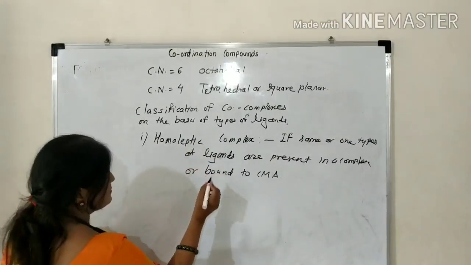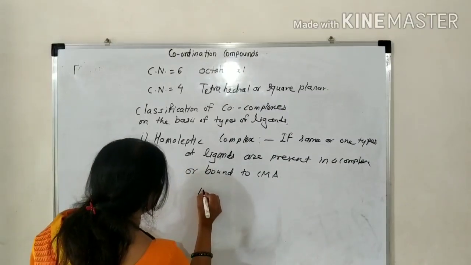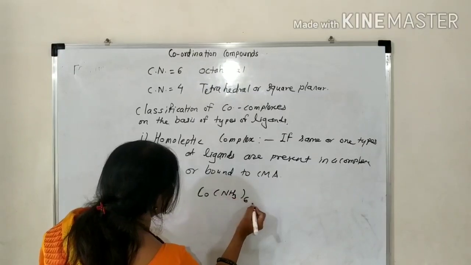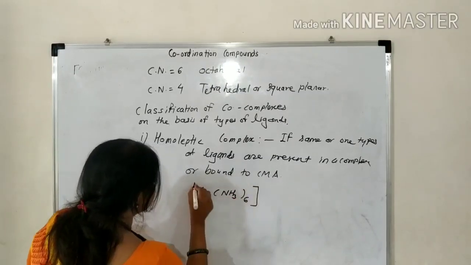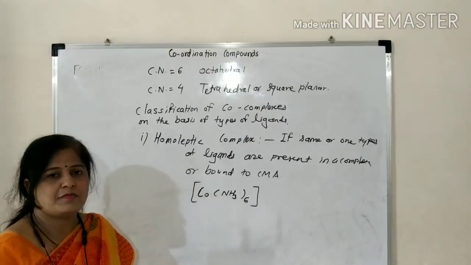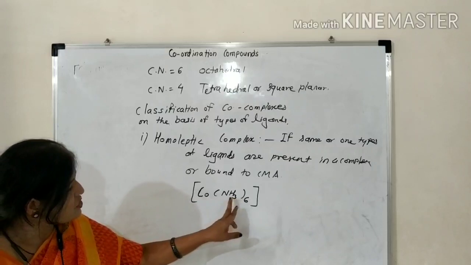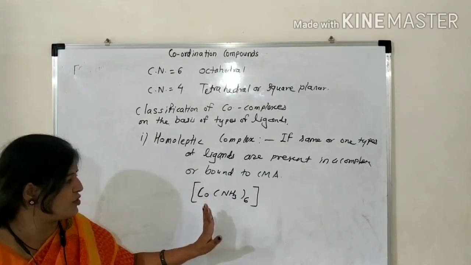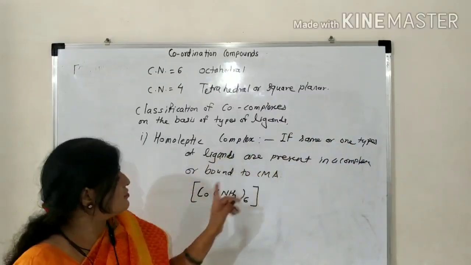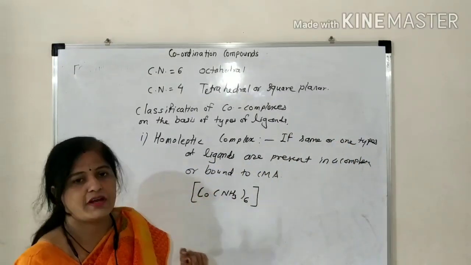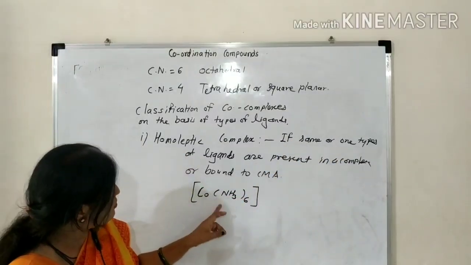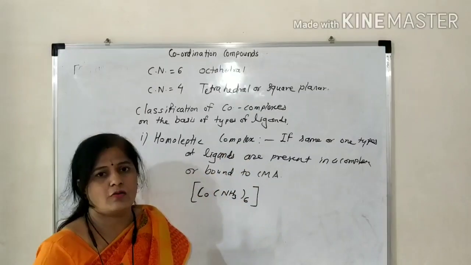Its example is Co(NH3)6. This is a complex entity. In this complex, 6 ligands are present, and those 6 ligands are ammonia. Therefore one type of ligand is present in this complex, so this complex is called a homoleptic complex.